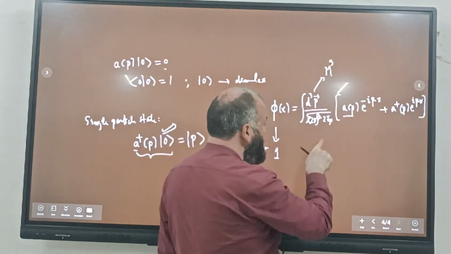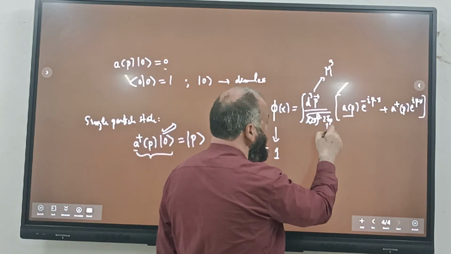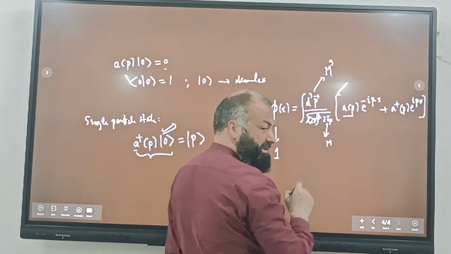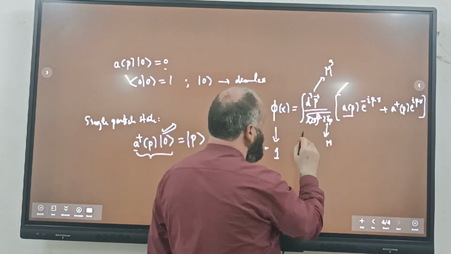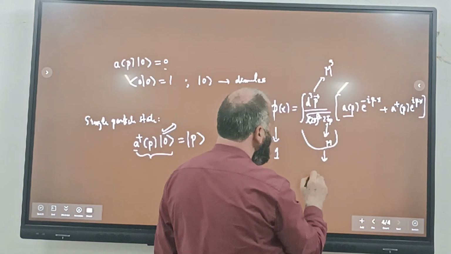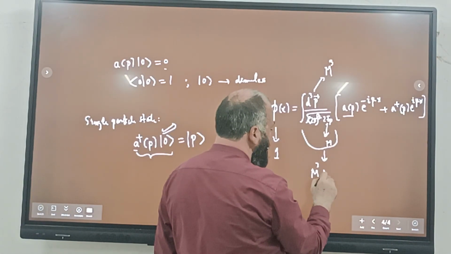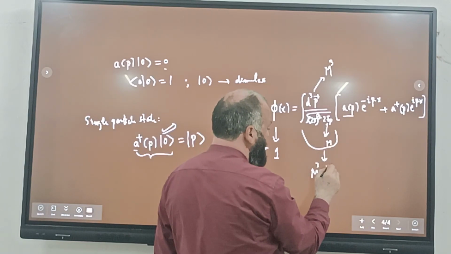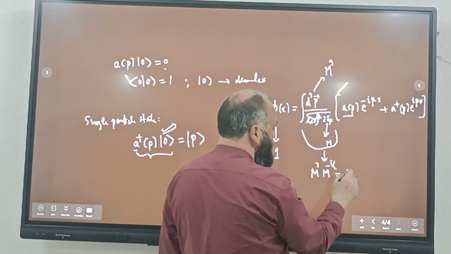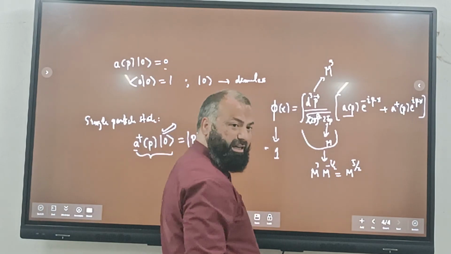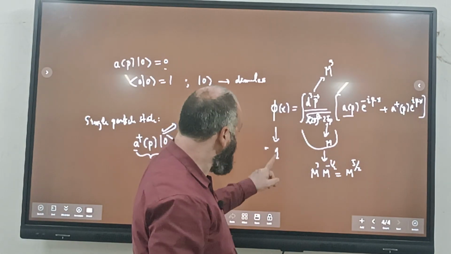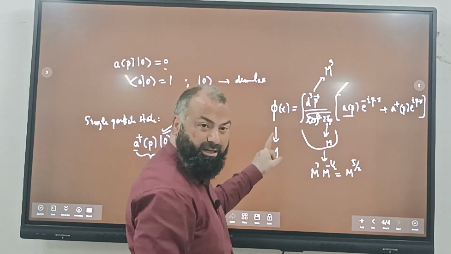So what is the dimensionality here then? M cubed. And you have the energy here. What is the dimensionality of the energy? M. So the dimensionality of this object is M cubed times M to the minus 1 over 2, so that is M raised to 5 by 2. How much do you require on the left-hand side? 1.